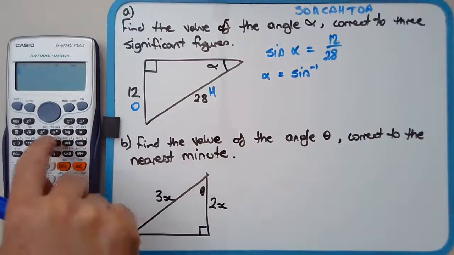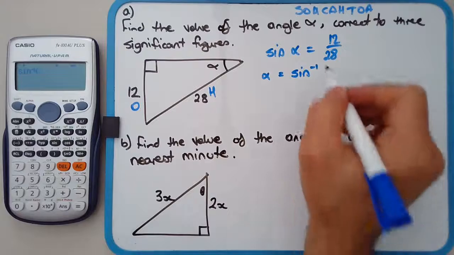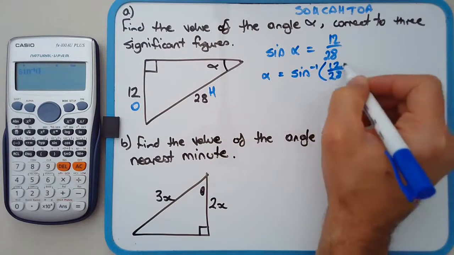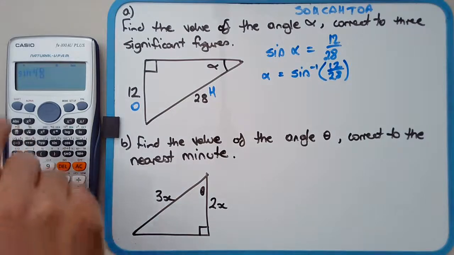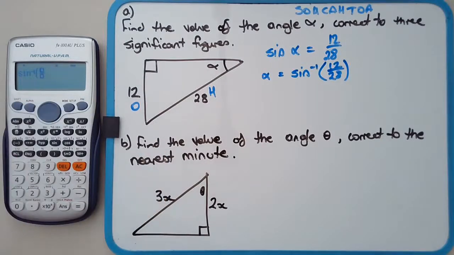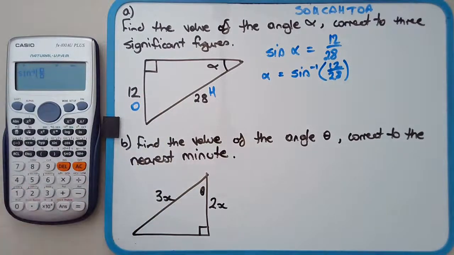Okay, so it'll appear like so, a little -1 there, and inside the brackets will be the ratio that you had originally, 12 over 28. Again, make sure that your calculator is in the correct mode, in degrees. If it's got an R or a G there, you need to go back into your calculator settings, do a factory reset, or just put it into degrees.